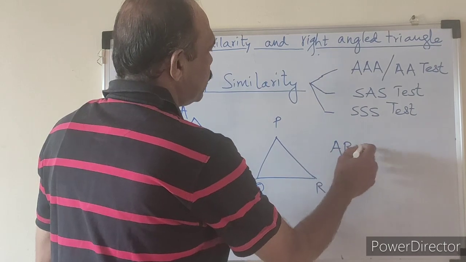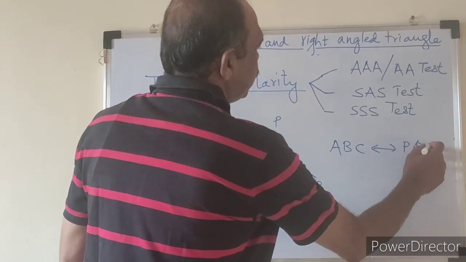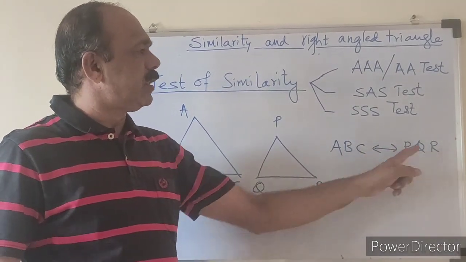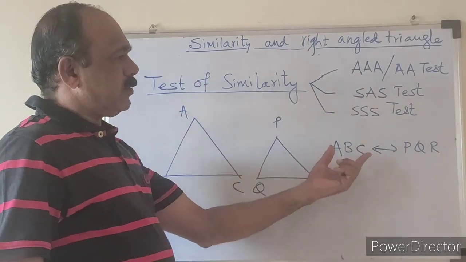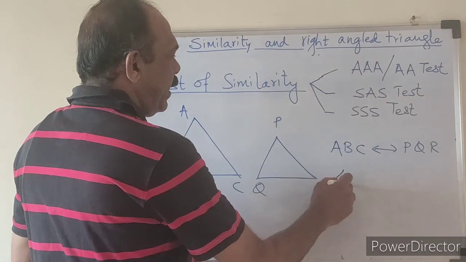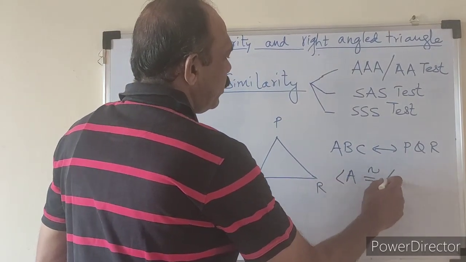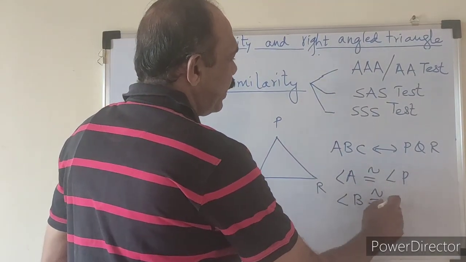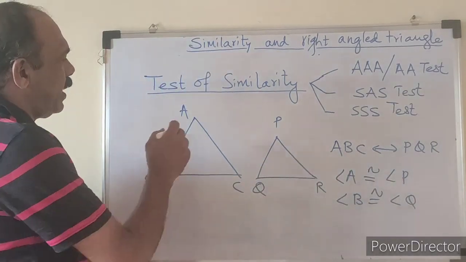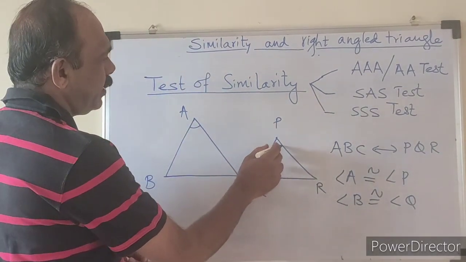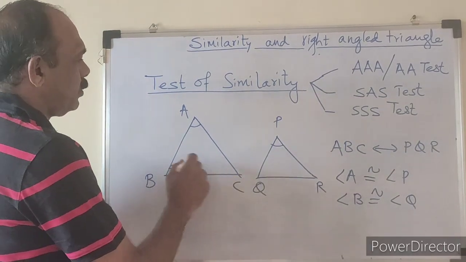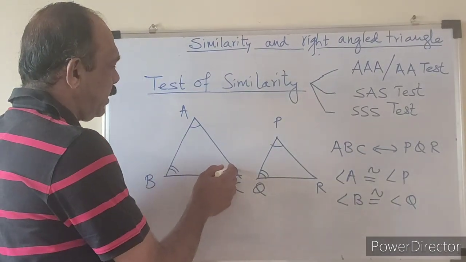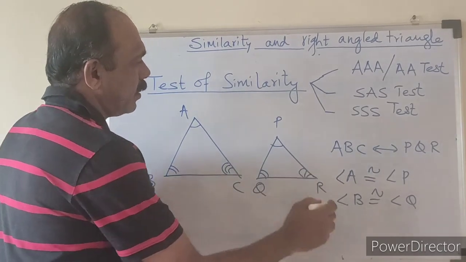If we take the correspondence ABC to PQR, it means that A corresponds to P, B corresponds to Q, and C corresponds to R. According to this correspondence, if angle A is congruent to angle P and angle B is congruent to angle Q, then naturally you will get angle C congruent to angle R.